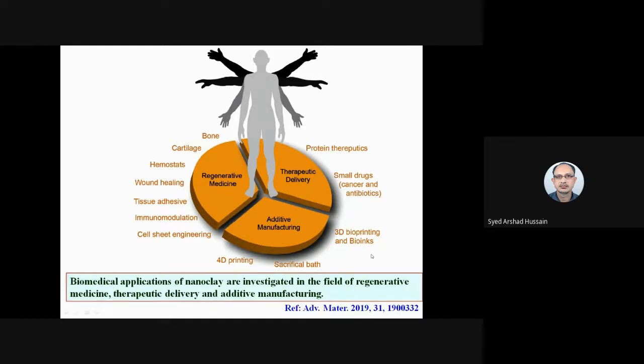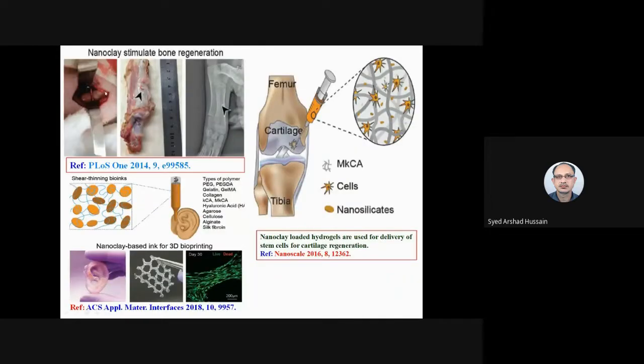So many applications are coming up using clay or clay organic systems. The only thing is you have to choose proper combinations of your material so that you can have the clay organic hybrid with desired properties. Again, one example, you see nanoclay stimulates bone regeneration.